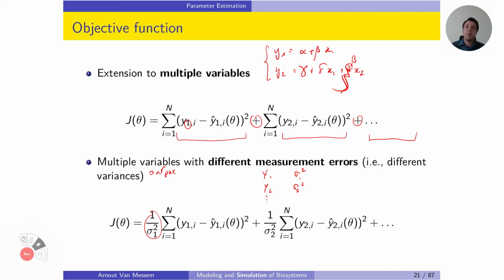Why would we divide by the variance? Because if my variance is small, this becomes a very large term. Let's say sigma 1 squared is small, which means that 1 divided by sigma 1 squared is big, which means that this term is always large in my equation. So it gets a lot of weight in the equation.